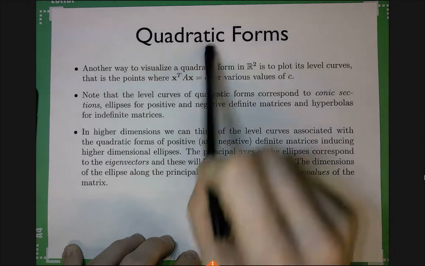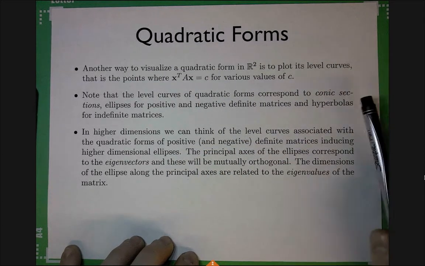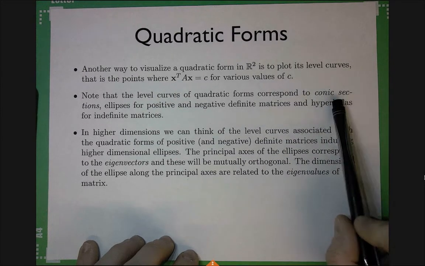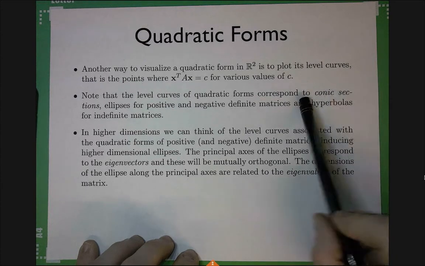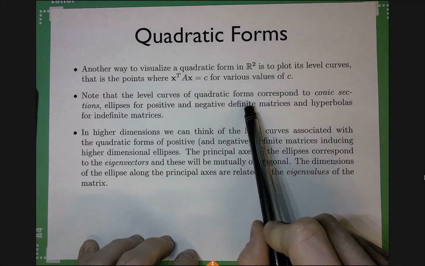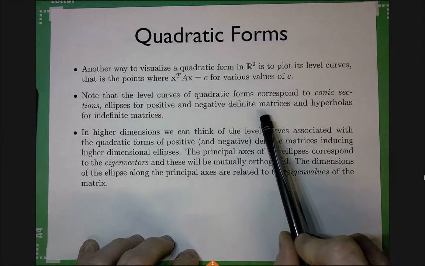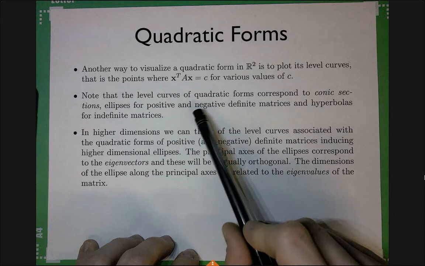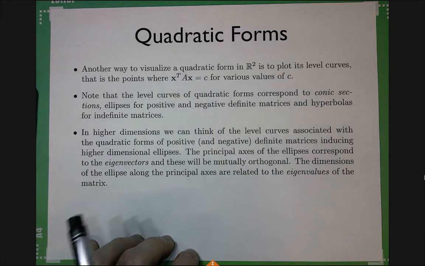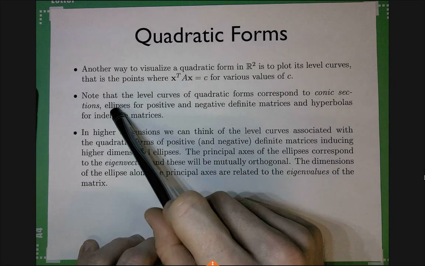So we can look at the level curves for quadratic forms too, and depending on the type of quadratic form, we'll be looking at different types of curves, which in this case are called conic sections. Here are the cases. The type of curve is determined by the type of the quadratic form. If we have positive or negative definite matrices, we will get ellipses or circles.